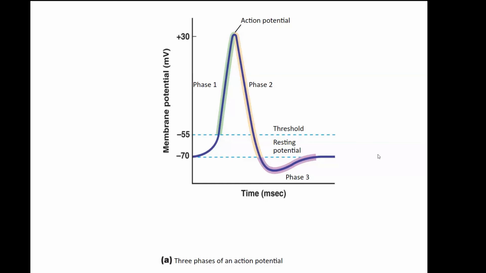We're basically playing with the permeability of sodium and potassium to get these spikes of electrical activity, which is really how our neurons are able to signal. We're diving into that in detail next, but I just wanted us to take a quick look at that right now.